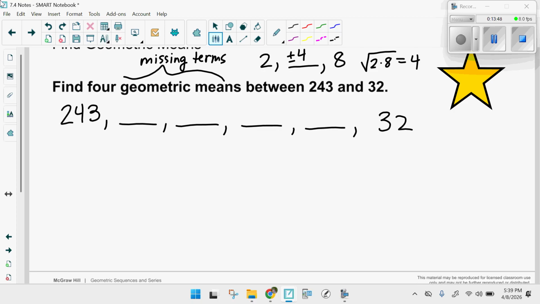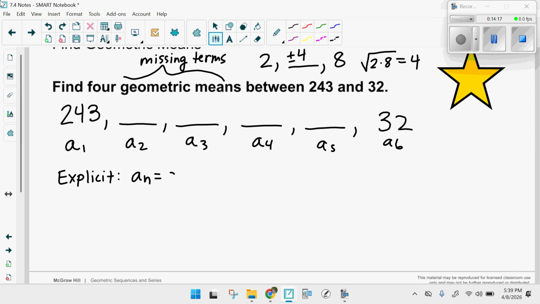Here I have 4 geometric means to find, so I'm missing 4 of these numbers. So 243 is my first term. This is my second, third, fourth, fifth, and sixth. So I know that my first term is 243. My last term is 32, which allows me to start looking at the explicit form.